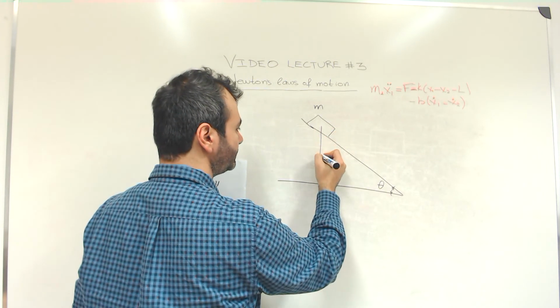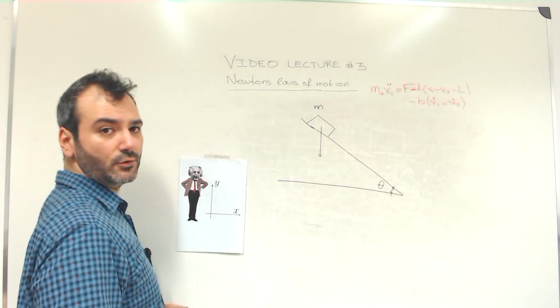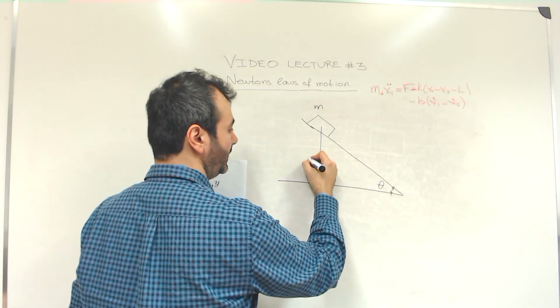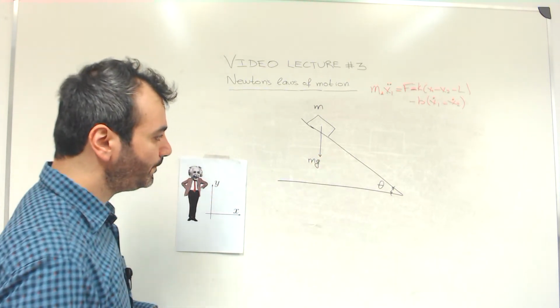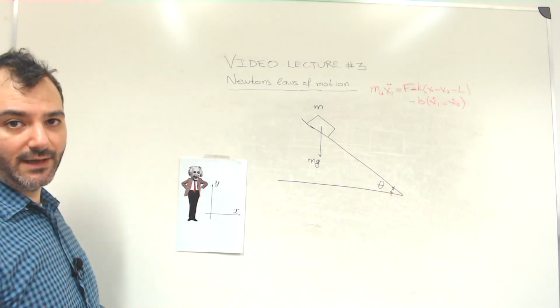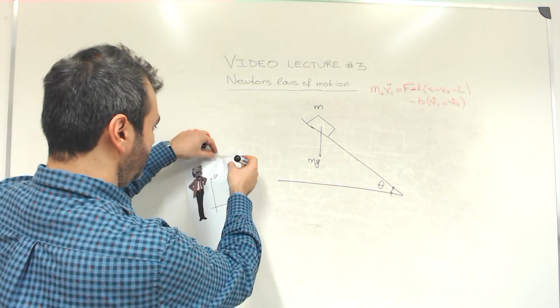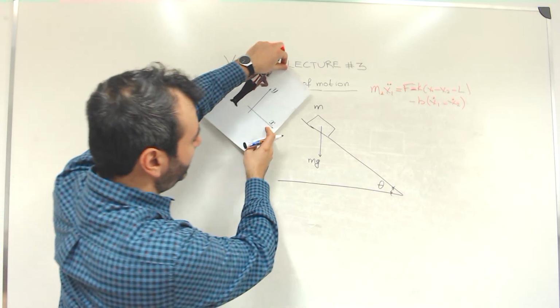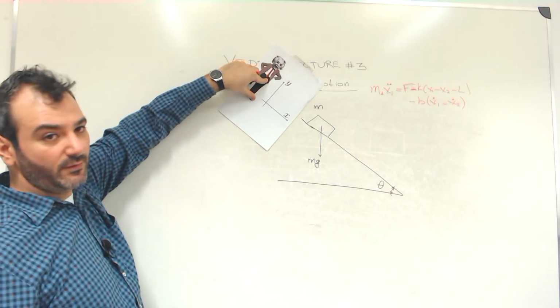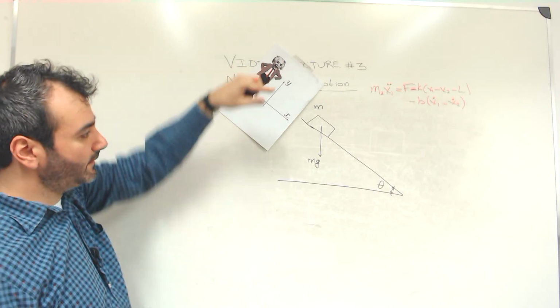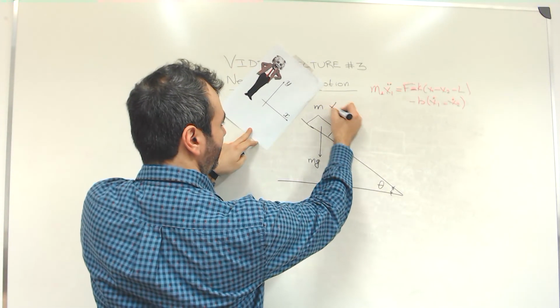Then suppose that the only force acting on the object is its weight, m times g. And now, in order to make our lives easier, we will turn the inertial frame of reference like that.